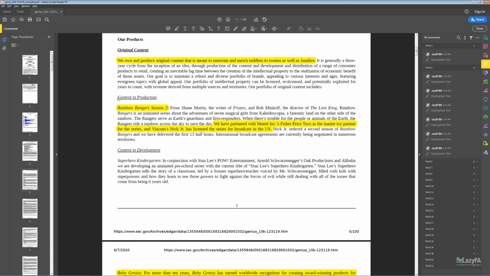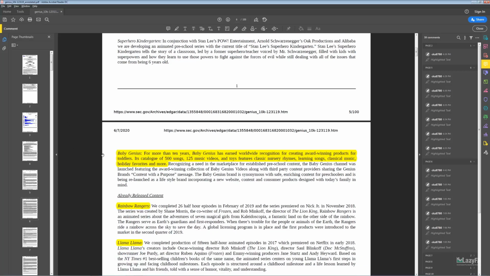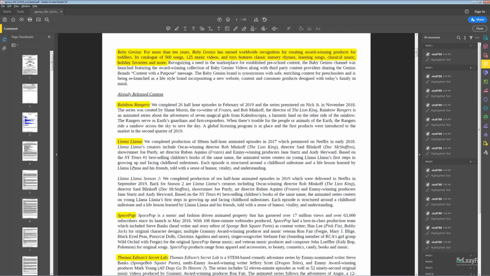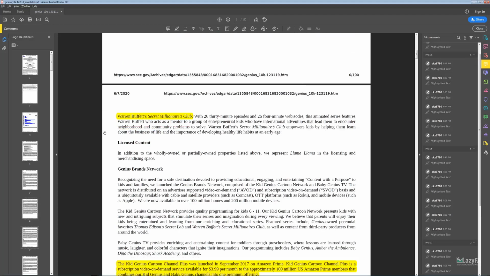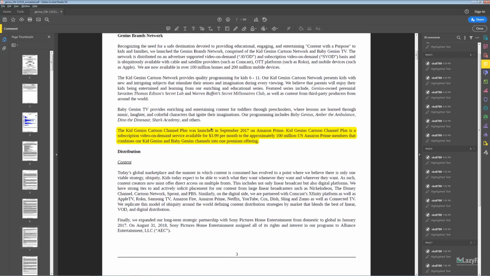So this is their content that's in production, and then they've got some content still in development, this thing called Superhero Kindergarten, and then Baby Genius and the other released content they've already got. They talk a little bit about the Genius Brands network, and this is where the Kid Genius cartoon channel comes in.